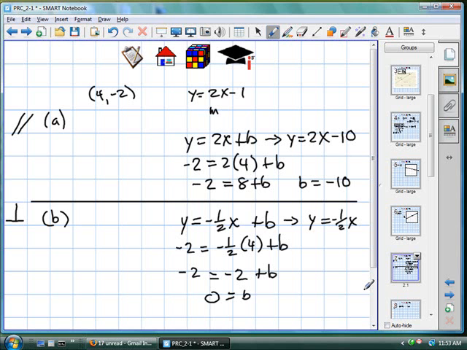Since I already know the slope of this line was 2, I flipped that upside down and changed the sign, and that's where I get the -1/2. Other questions? So these are kind of typical problems in this type of section. Should we move on? Okay.